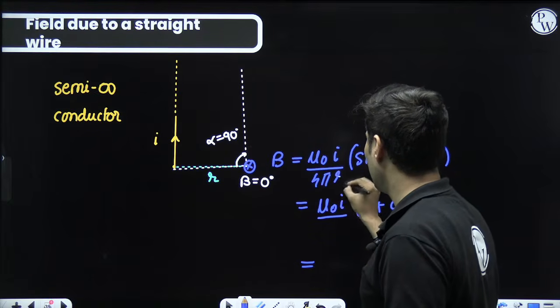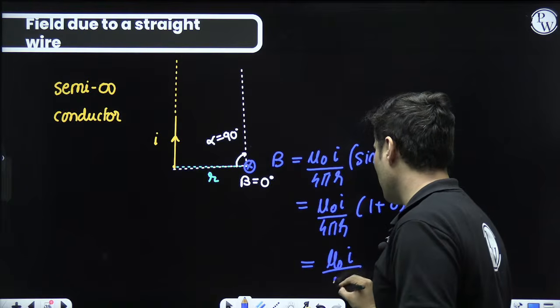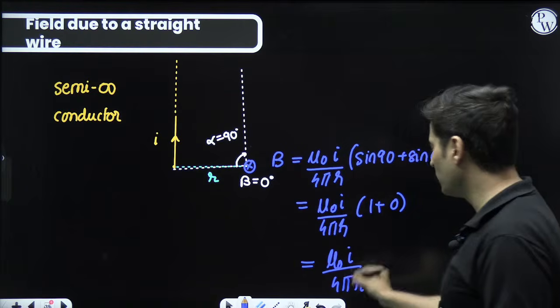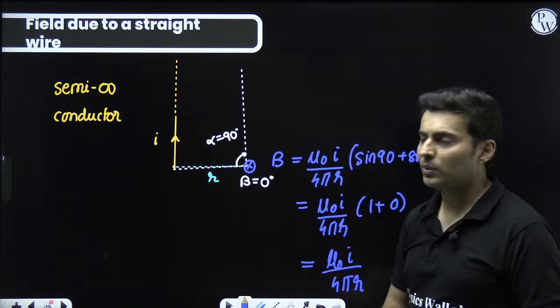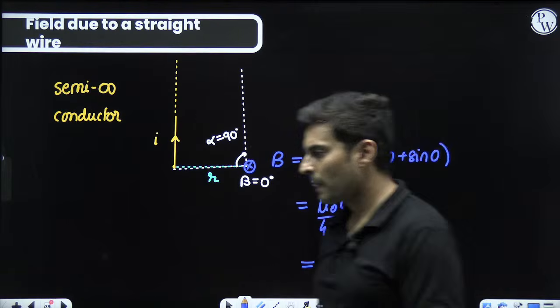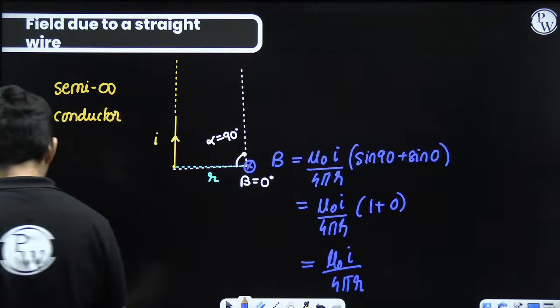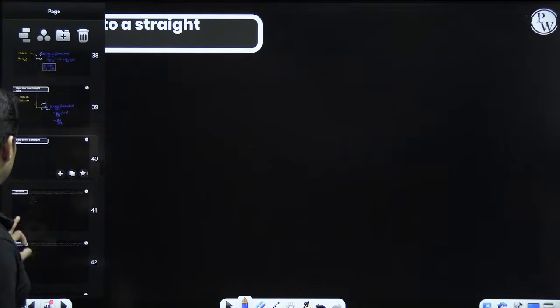So this will be mu naught current divided by 4 pi into R. No need to remember it, but you should know how to solve for every kind of scenario. Alpha and beta are given to you, immediately you can get the answer. Cool? Perfect? Wonderful. Let's do now some questions based on this.